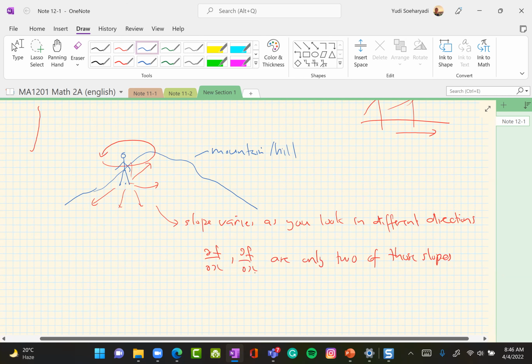So this one is in the x direction, this one in the y direction.